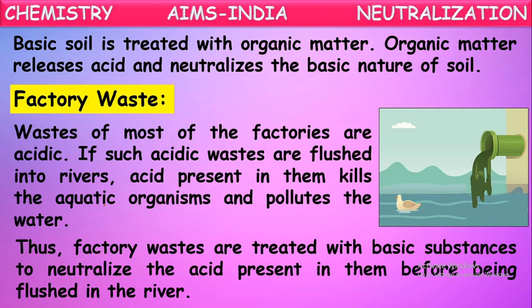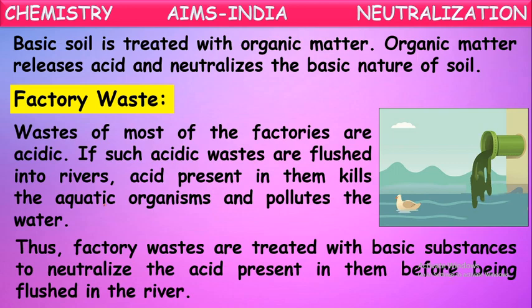So to avoid this harm to the aquatic animals and to avoid pollution of water, before releasing these factory wastewaters into the rivers and lakes, they are treated with certain basic substances so that the acids present in the wastewater will be neutralized, and then they will be released into these rivers and lakes, so they won't cause any harm to the aquatic organisms and they won't pollute the water. So in this way factory waste undergoes a neutralization reaction before releasing into rivers and lakes.